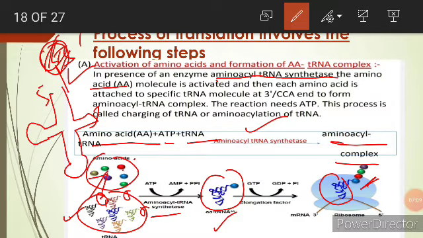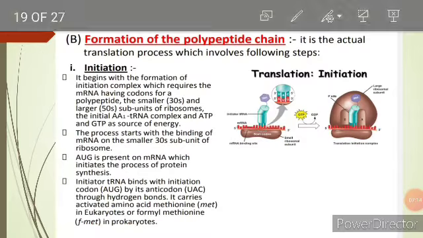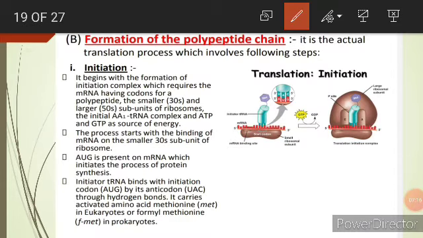Now coming to the second part, that is the formation of the polypeptide chain. So how is this polypeptide chain formed? By three different steps: first is initiation, then after initiation, elongation, and then termination.